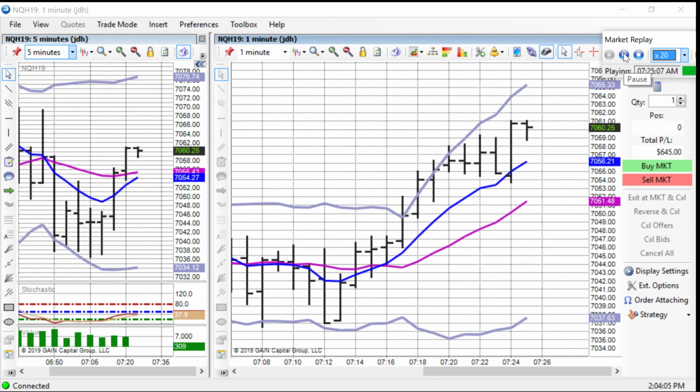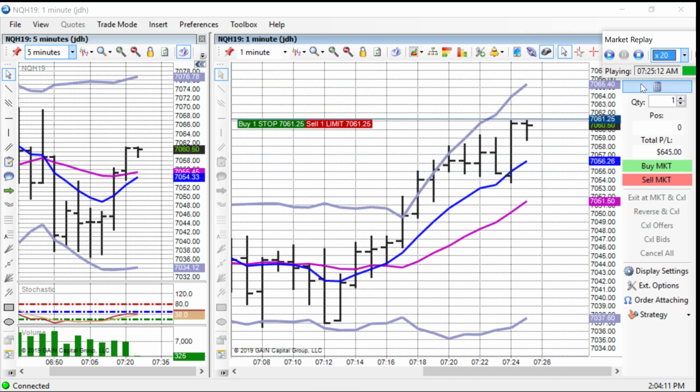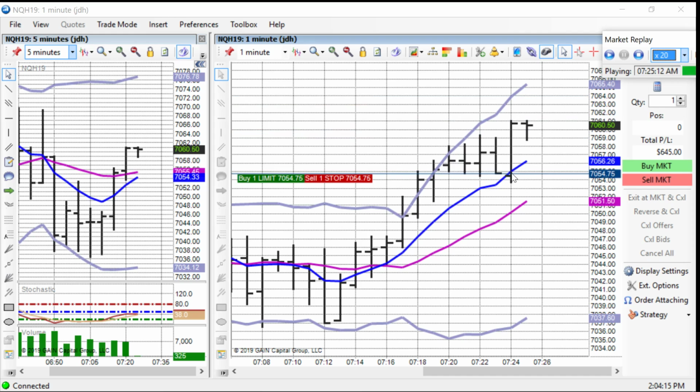Matter of fact, I just missed it right there. Okay. Oh boy. Yeah, another period when I'm speeding it up, so I missed the trade there. But as you can see, that's the same bar that the number 3 point was made, that you made an entry point.